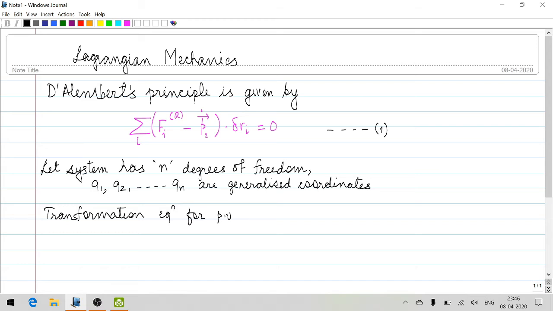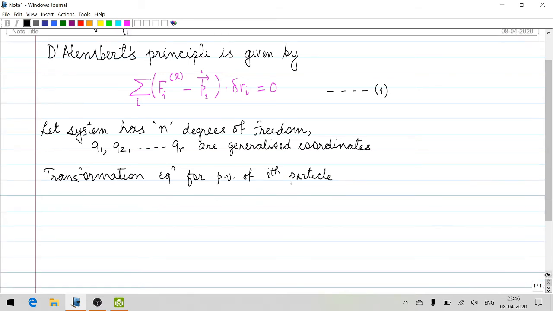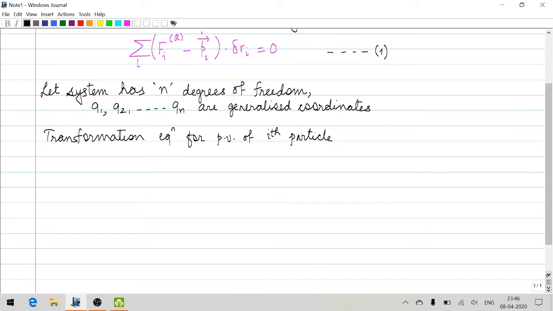position vector of ith particle will be written as, all of you know, position vector we normally write as symbol Ri, and this will be written now as Ri, but in terms of q1, q2, ... qn, and obviously the time is the n plus 1th variable out there.